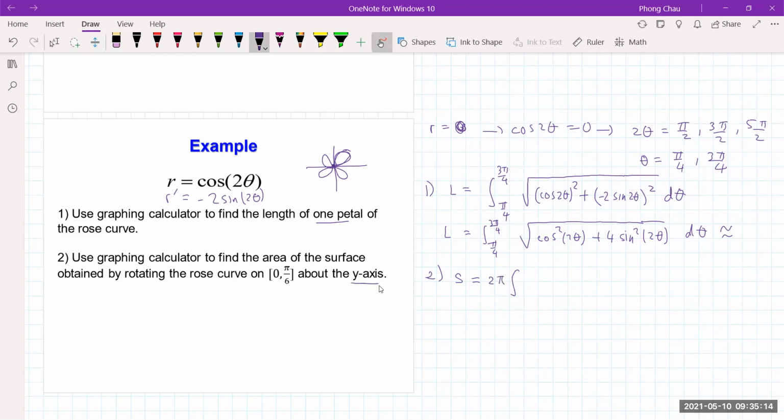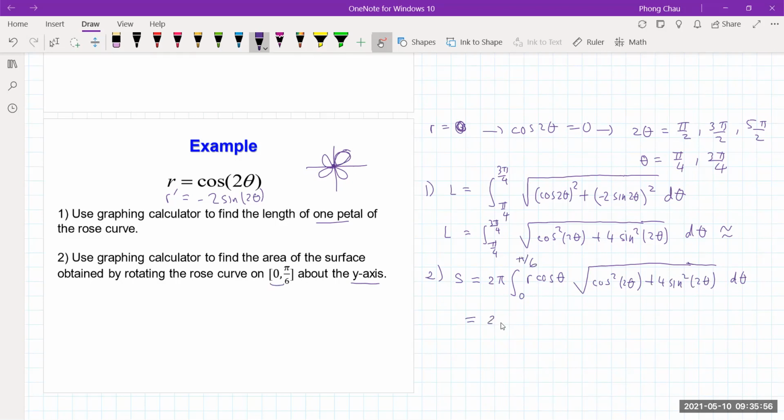If we rotate about the y-axis, the radius will be x, and x is r cosine theta. So it'll be the square root of, same as that one, cosine squared 2 theta plus 4 sine squared 2 theta, d theta. Oh, actually, I forgot that it's from 0 to pi over 6, because that's what it says there.